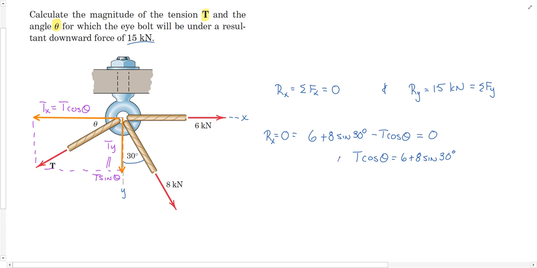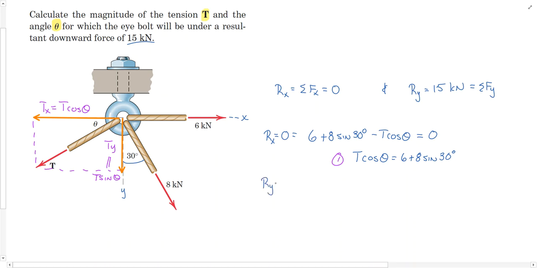Here's one equation, but we have a problem, because it says T times the cosine of theta is equal to 6 plus 8 sine 30, so there are two unknowns in there. We won't despair. Let's write the Ry expression and see what happens.